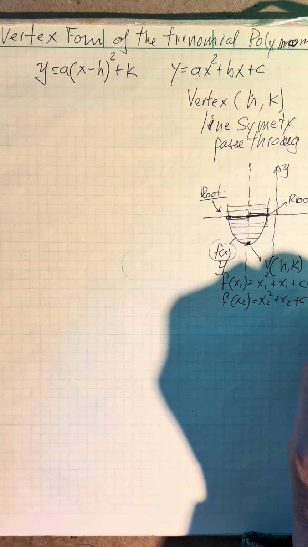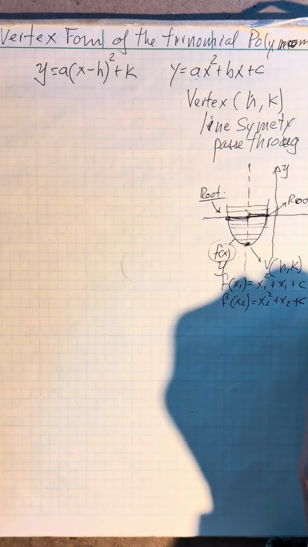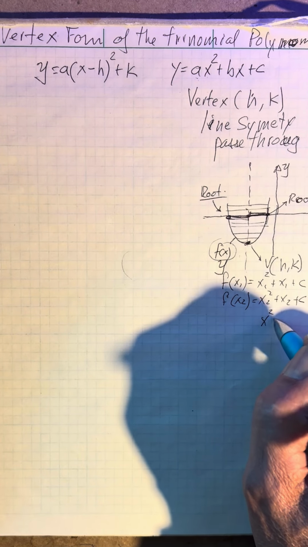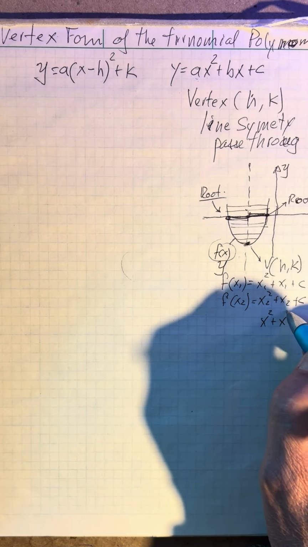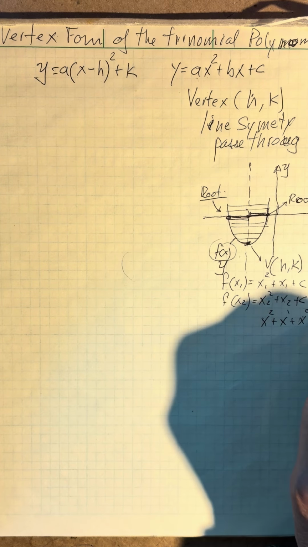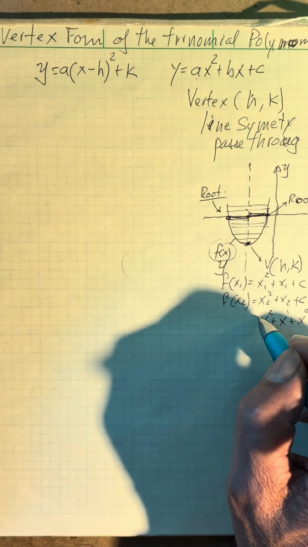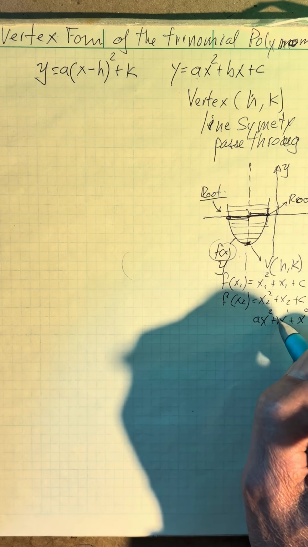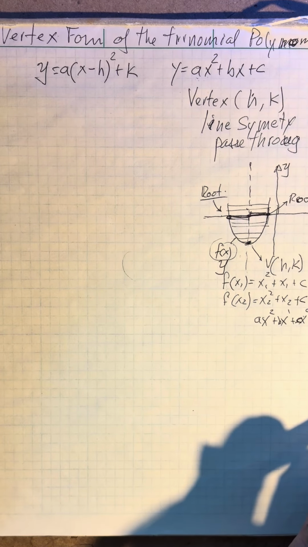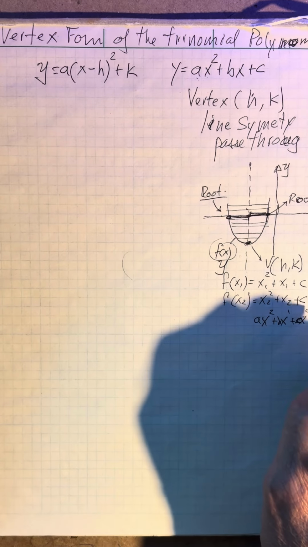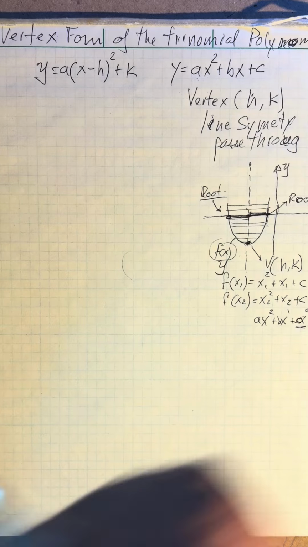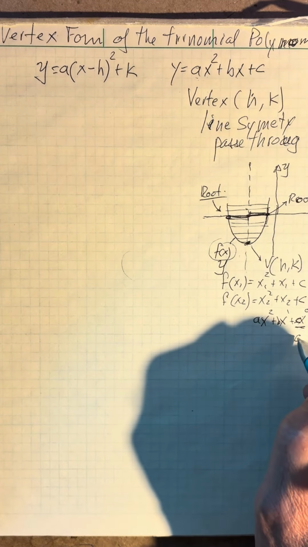There is an x here. Let's write it here. And this is A, and this is B, and this is C. The coefficient of x to the 0 power is C. It's written like this.